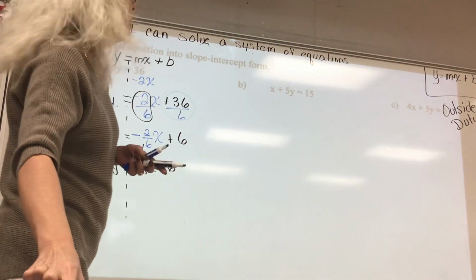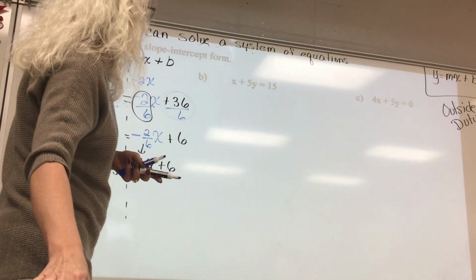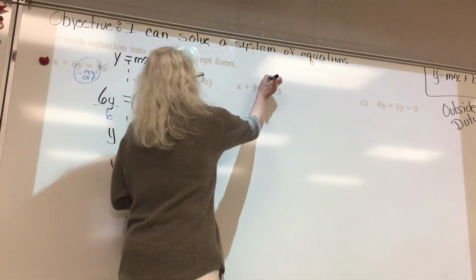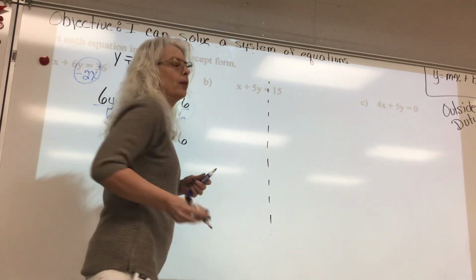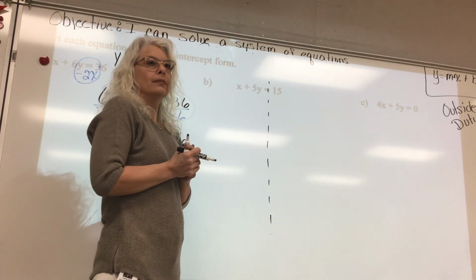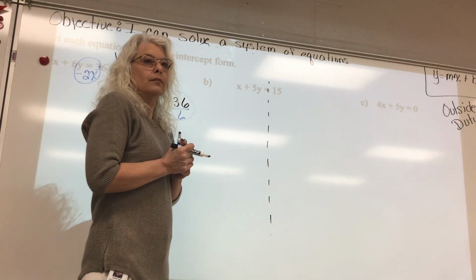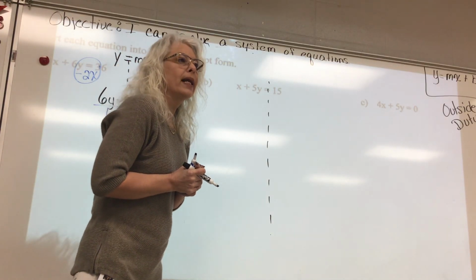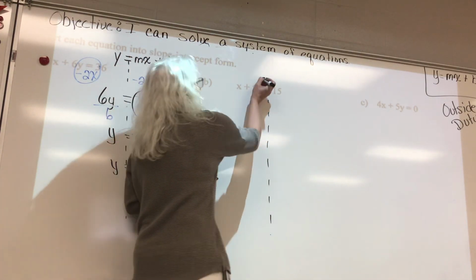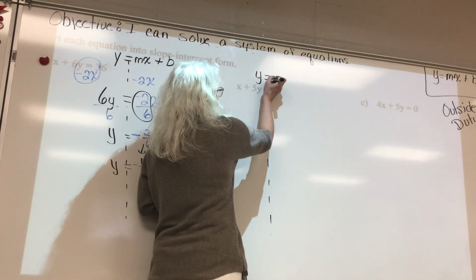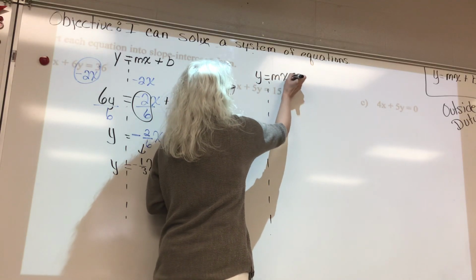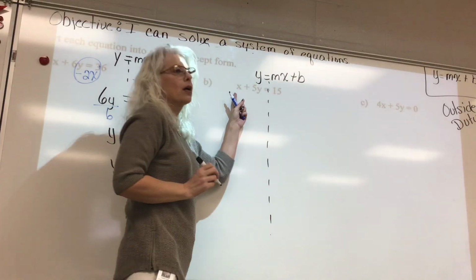Okay, problem B, we're going to find the equal sign and dot it. What are we wanting to do with problem B? Make it slope intercept form. What are we supposed to be doing with it, everybody? Convert it to slope intercept form. Does the x belong on the left side?